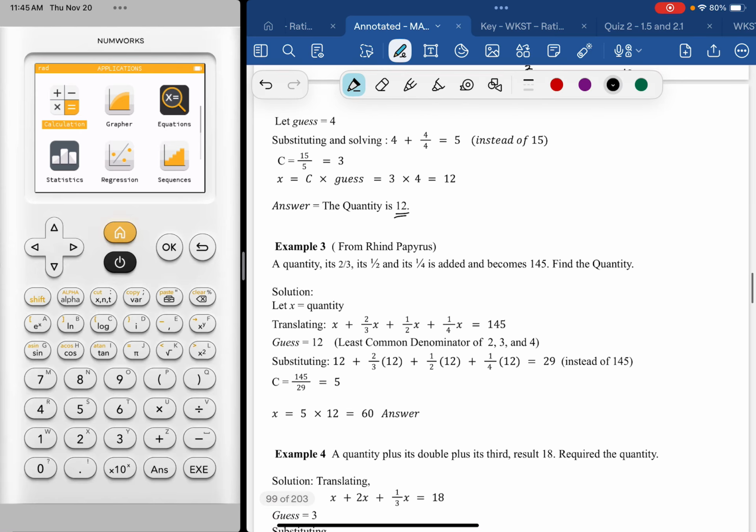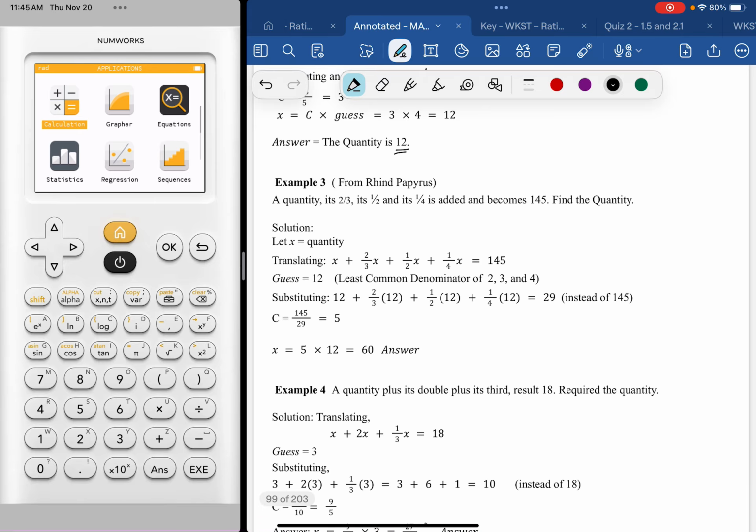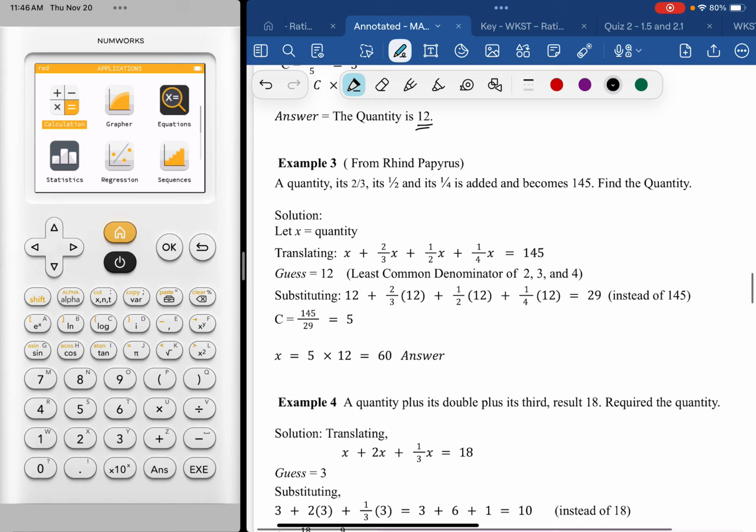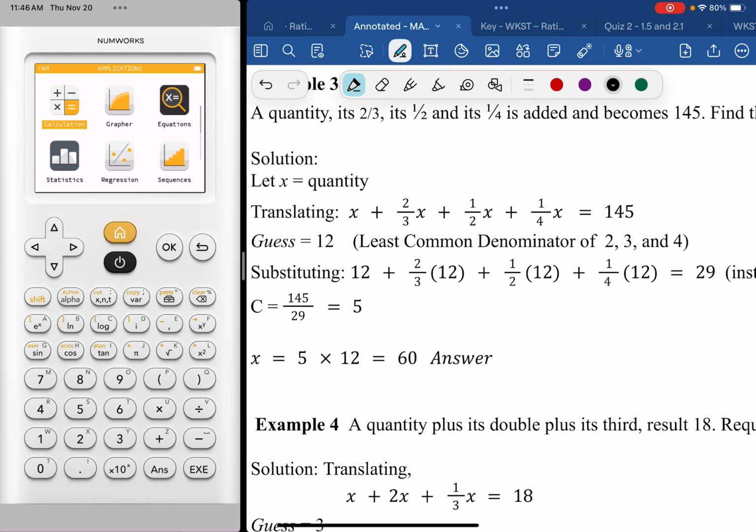So example 3, this one came right out of the Rhind Papyrus. A quantity, it's 2/3, it's 1/2, and it's 1/4 is added to become 145. So the translation of this problem is that quantity we call x, it's 2/3, so 2/3 of x, 1/2 of x, 1/4 of x is added and becomes 145.